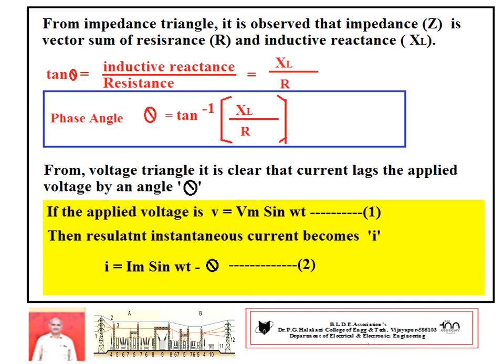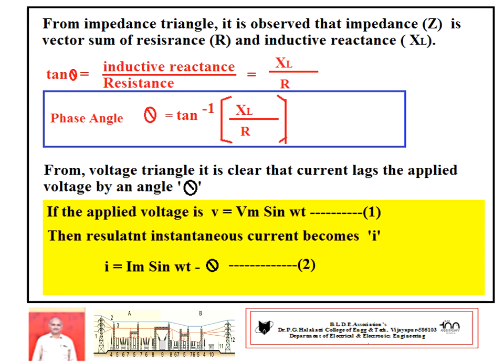Similarly, I want to write the expression for instantaneous values. If the applied voltage is V equal to Vm sin omega t, assume this is expression 1, which results in the flow of instantaneous current.